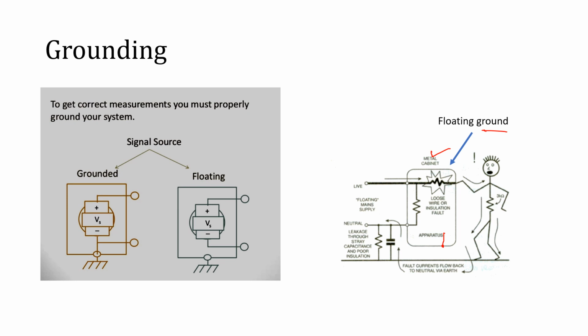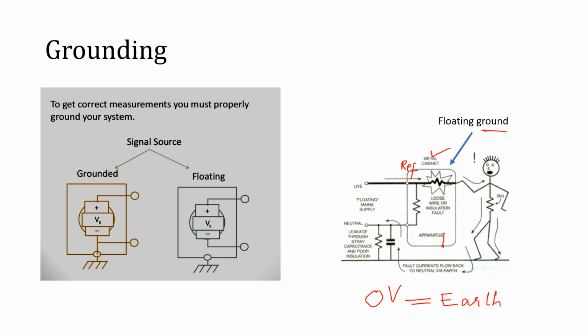The circuit will work properly, no issue, but its own reference, let me write it down, is not at the absolute 0 volt, which is equal to the earth ground.